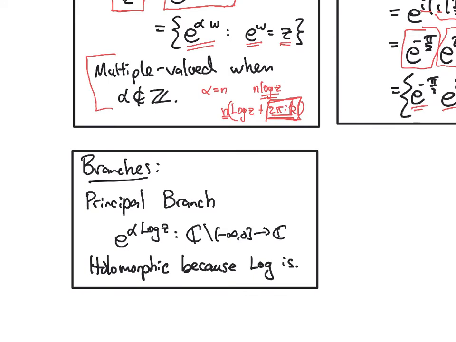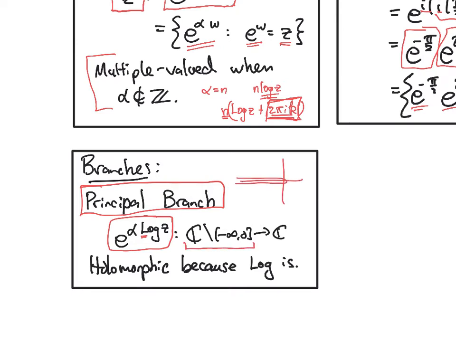I hope you get the idea by now, but the principal branch of one of these power functions would be just e to the alpha capital log z, which would be defined on the plane minus these negative numbers here. And this will be holomorphic because we proved that the principal log is holomorphic.